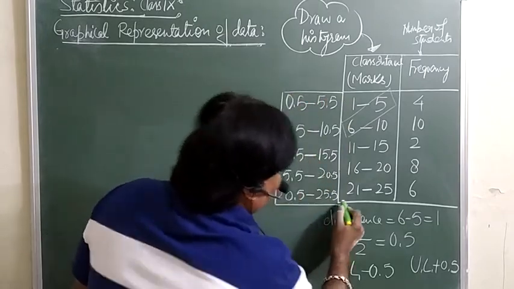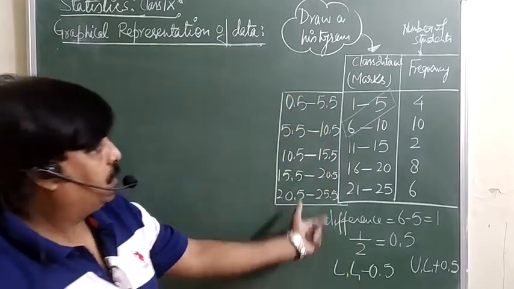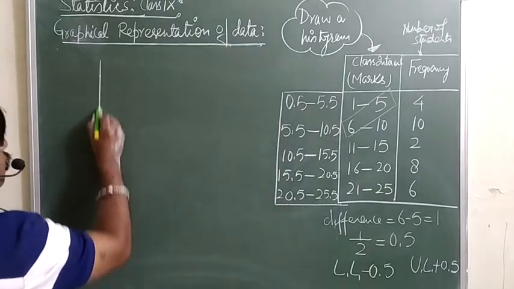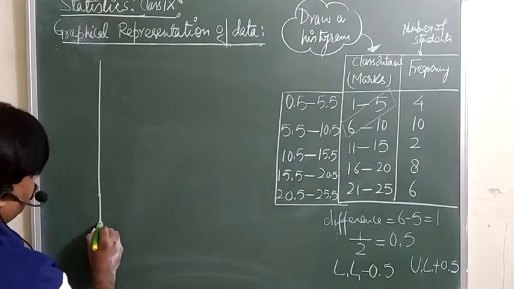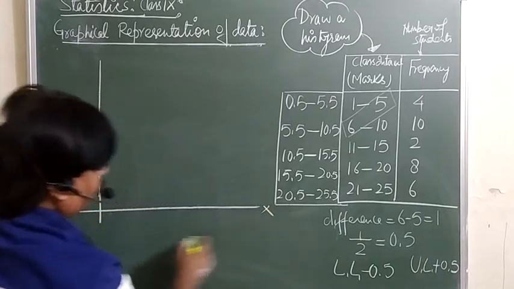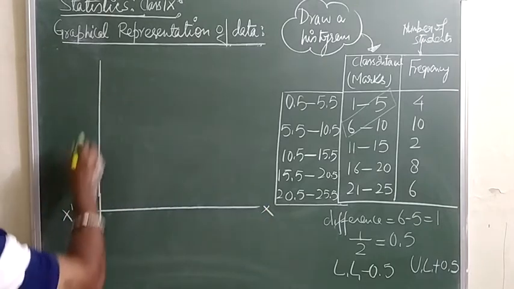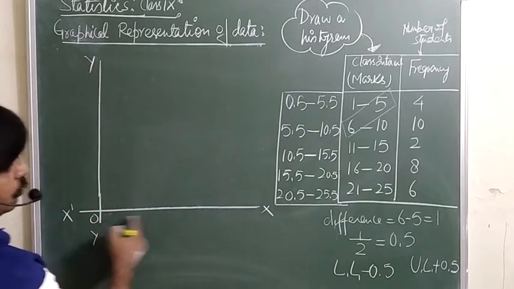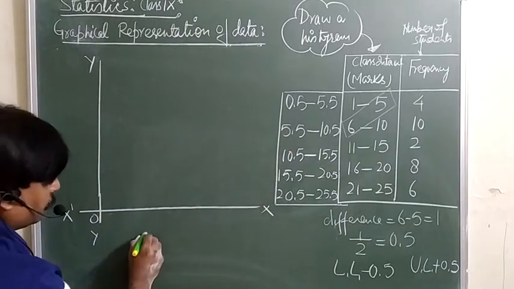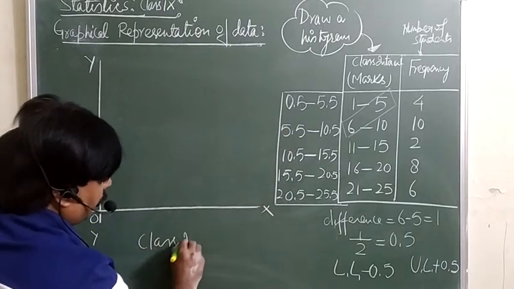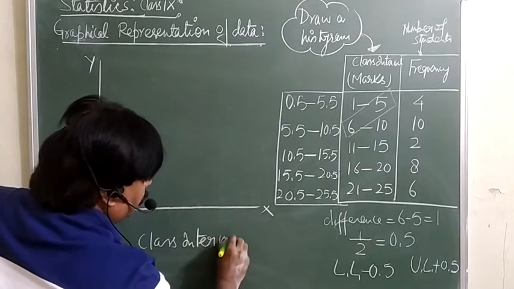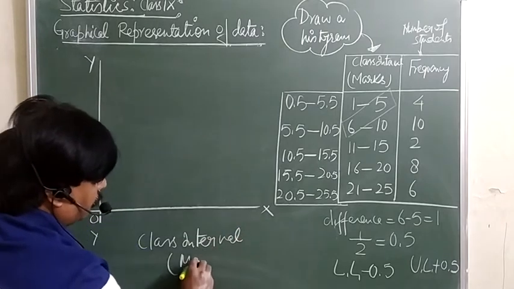Now according to this you are supposed to draw the histogram. As usual, you can take this as the x-axis, a horizontal line, and the vertical line. On this horizontal line we will take this class interval, which represents the marks of the children.